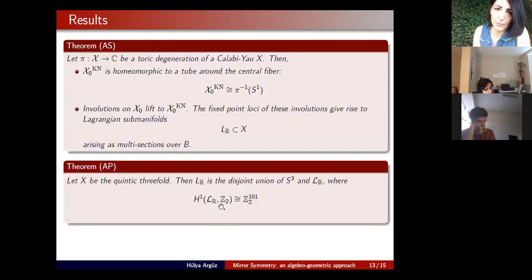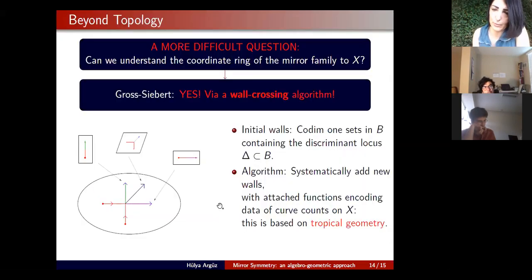But a more challenging question is, if you start with B, can you actually construct the homogeneous coordinate ring of a family of Calabi Yau's by starting with B? And this question is the main question that is answered in the Gross-Siebert program.